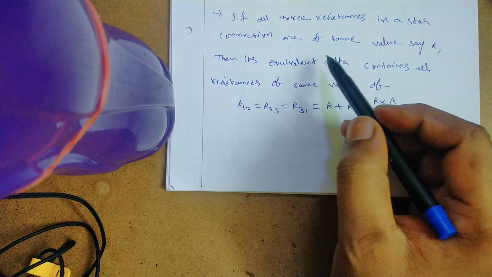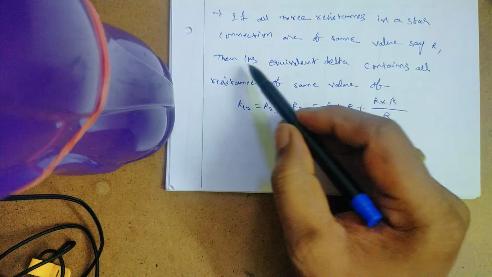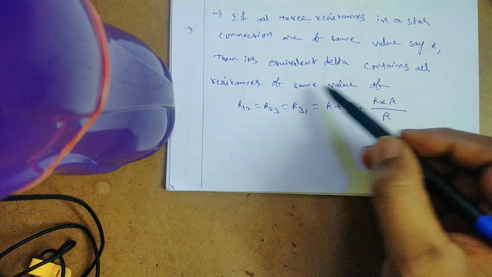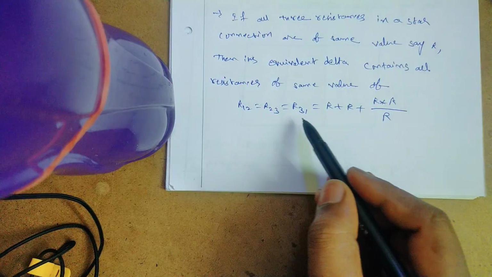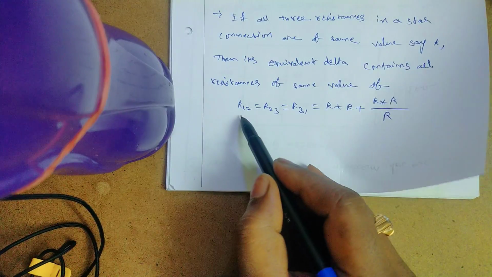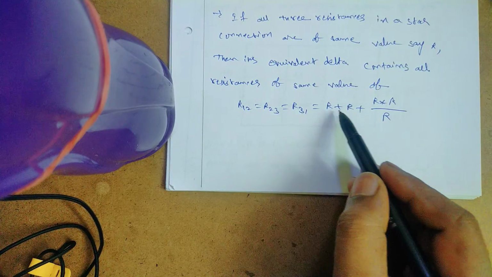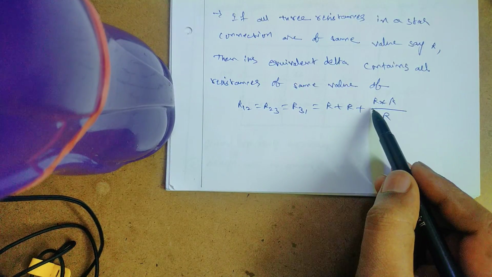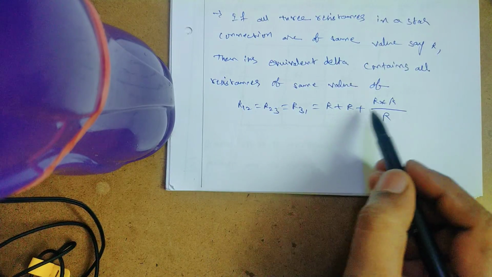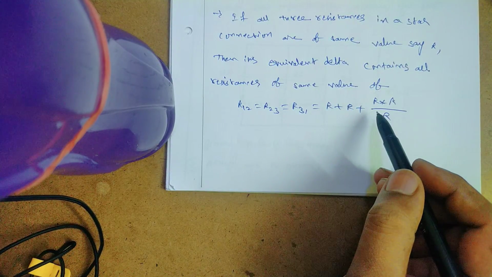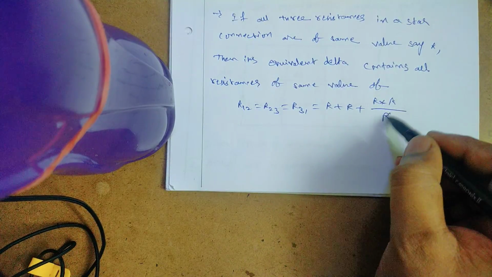If all three resistances in star connection are of the same value, say R, then its equivalent delta contains all resistances of the same value. R12, R23, R31 are all the same. That is R12 is equal to R23 is equal to R31, equal to R plus R plus R into R by R. That means the star branches are all equal to R. Then here R gets cancelled.